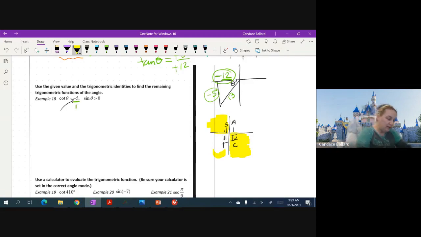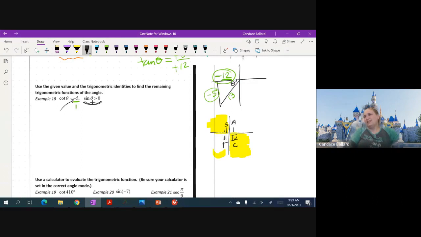All right, so now that I've picked that out, it says that my sine needs to be positive. So between quadrant 2 and quadrant 4, where are we landing? If sine has to be a plus. What do you guys think? What are we going to narrow it down to now? Where is the sine positive between quadrant 2 and quadrant 4?